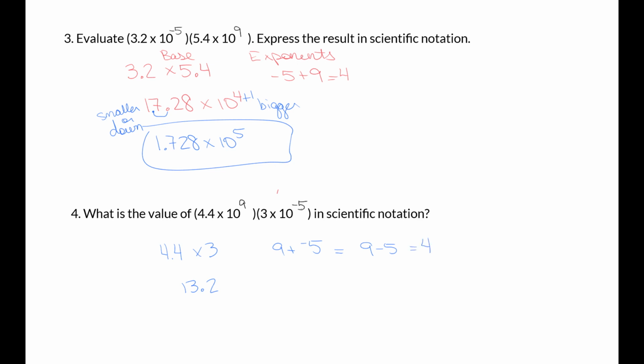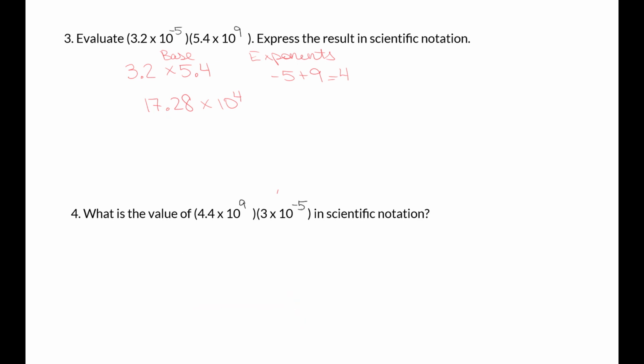So times 10 to the fourth. But again, you can't have this. So you have to move 1 decimal place because only one number can go in front of the decimal. So if my base number is getting smaller, my exponent has to get bigger by however many times I move the decimal. So my answer would be 1.32 times 10 to the 5th.